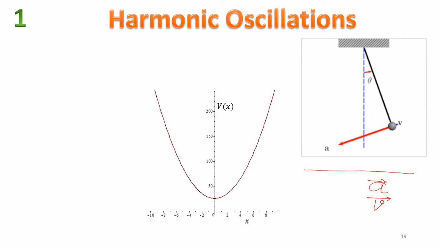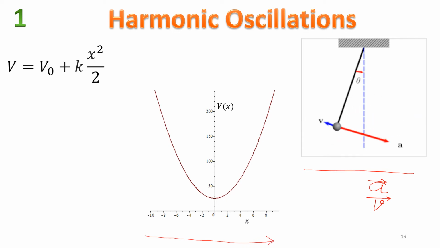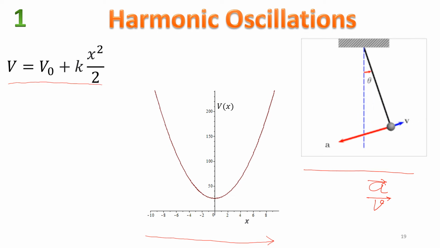Now this is the graph that is showing variation of potential energy with position. This is the equation that governs potential: V is equal to V0 plus kx square by 2. V0 is something constant which is appearing in this graph.